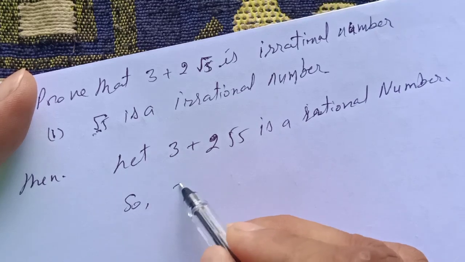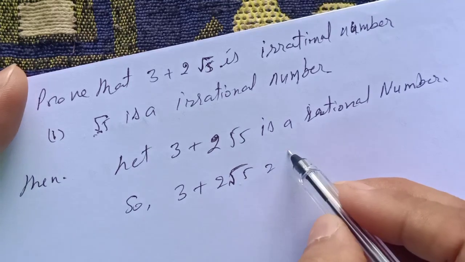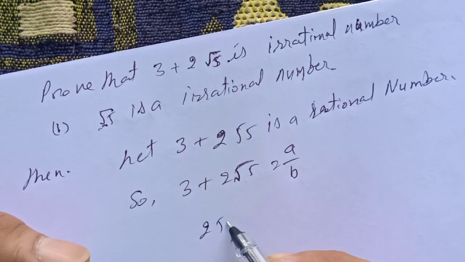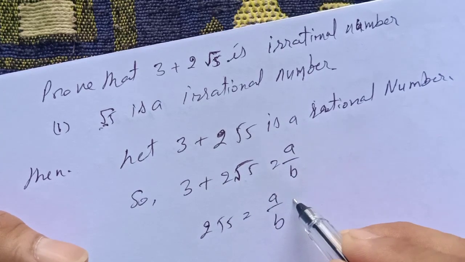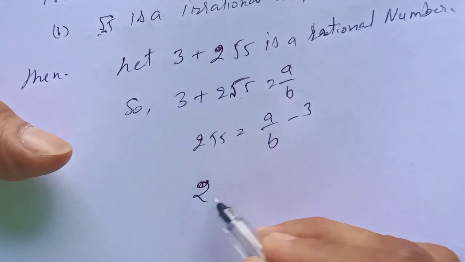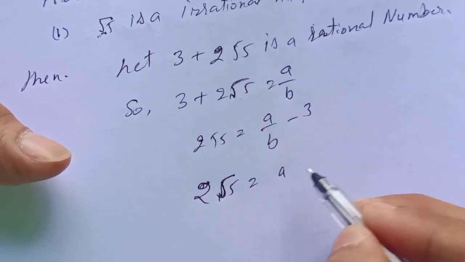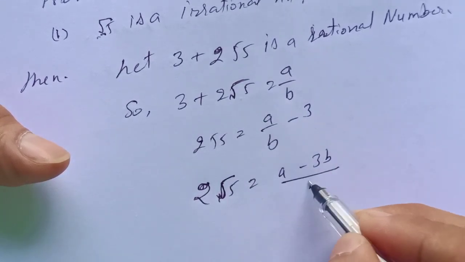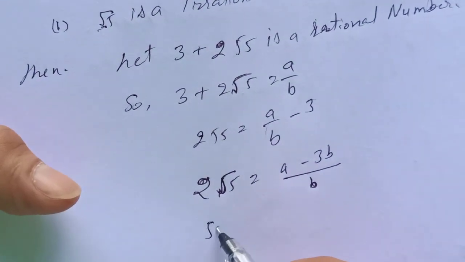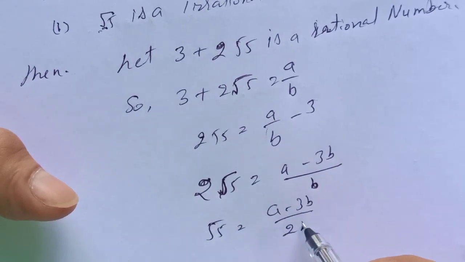So 3 plus 2 root 5 is equal to a by b. 2 root 5 equal to a by b minus 3. 2 root 5 equal to a minus 3b upon b. We have to take the LCM of this. Root 5 equal to a minus 3b upon 2b.